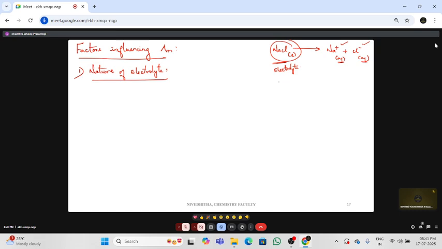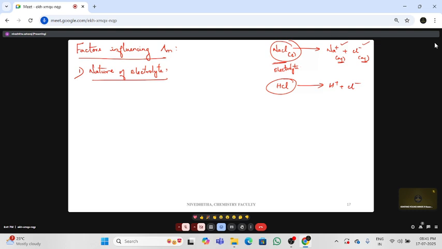For example, HCl. If you dissolve HCl into water, how will it get dissociated? H plus and Cl minus. So HCl is an electrolyte, right? Electrolyte is the substance which dissociates into cations and anions inside the aqueous medium or in its molten form.